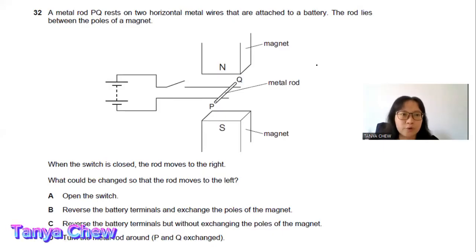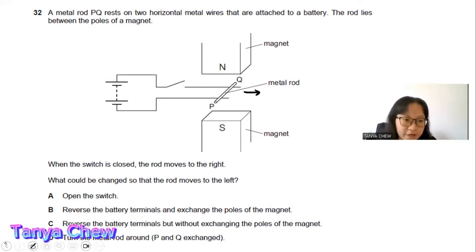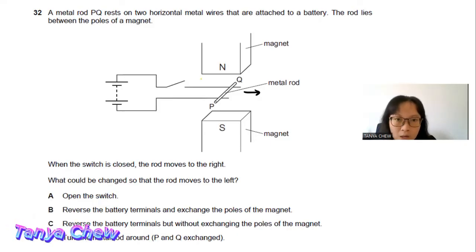Question number 32. A metal rod PQ rests on two horizontal metal wires that are attached to a battery. The rod lies between the poles of a magnet. When the switch is closed, the rod moves to the right, which is in this direction. What could be changed so that the rod moves to the left? Let me explain why the rod moves to the right first. I'm going to draw it out.